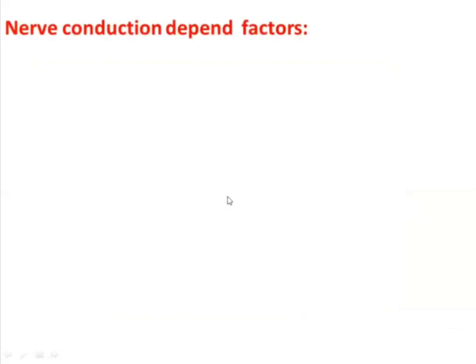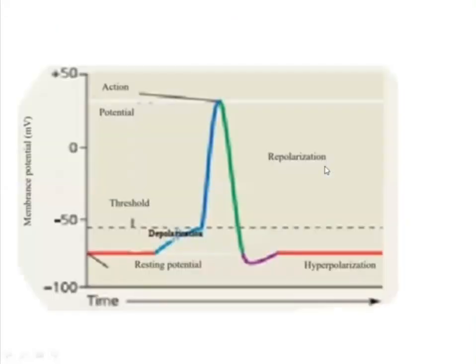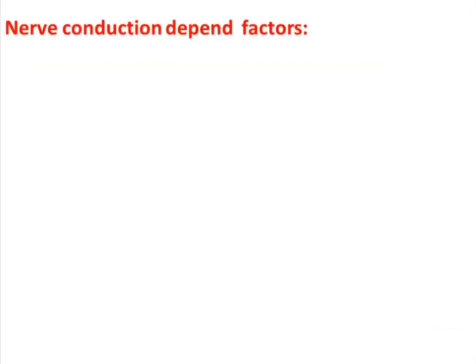These occur mainly due to ionic imbalance, right? Then we will see what factors affect nerve conduction, right?